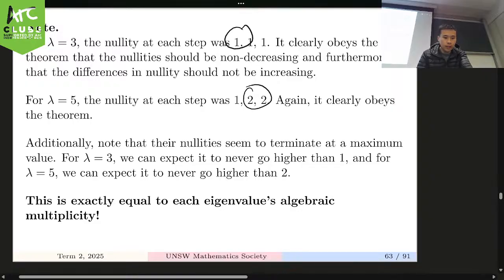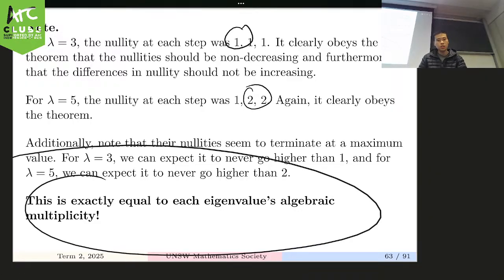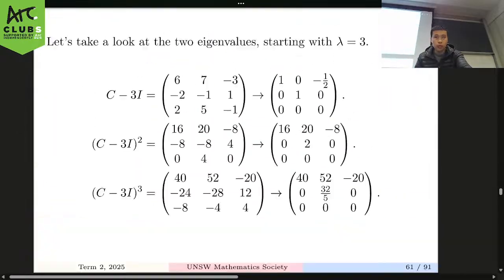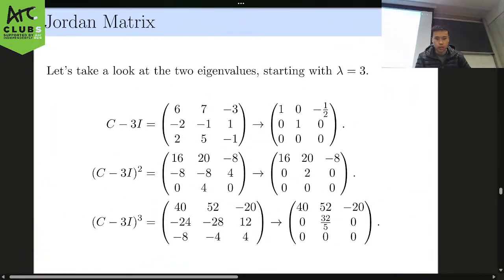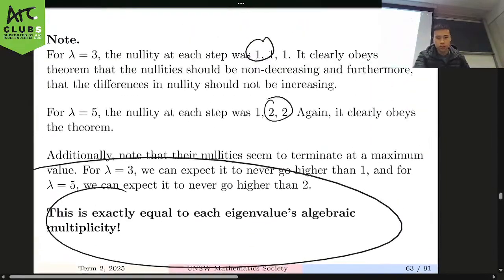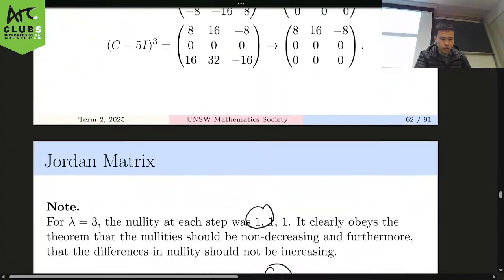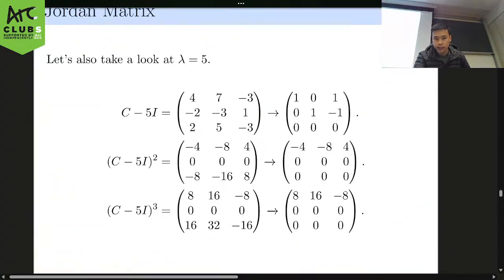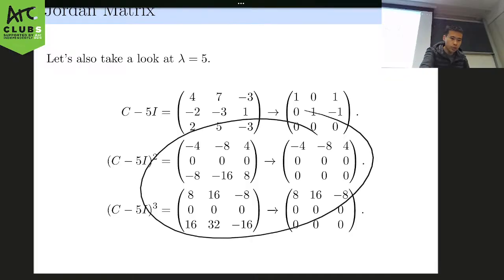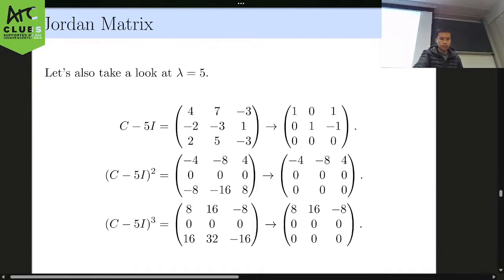Oh yeah, and also it's equal to the eigenvalue's algebraic multiplicity. So when we got this one here. Oh no, wait, which one was it? Oh yeah, okay. So for lambda equals 5, the AM was 2.